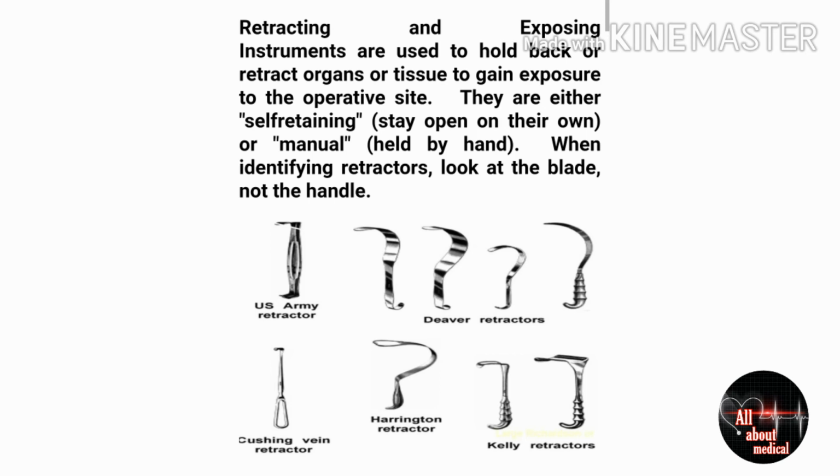They are either self-retaining, stay open on their own, or manual, held by hand. When identifying retractors, look at the blade, not the handle. So I hope now you can differentiate these retracting and exposing instruments very clearly from each other.